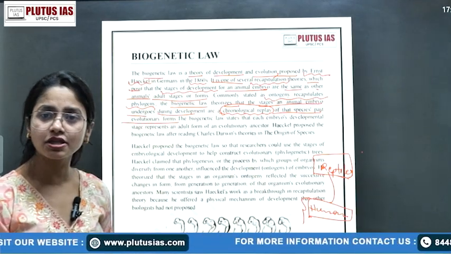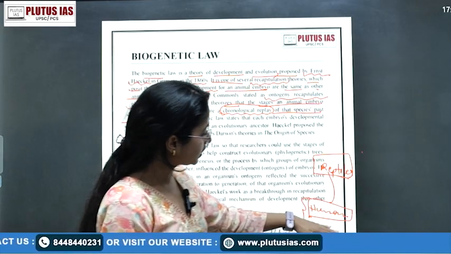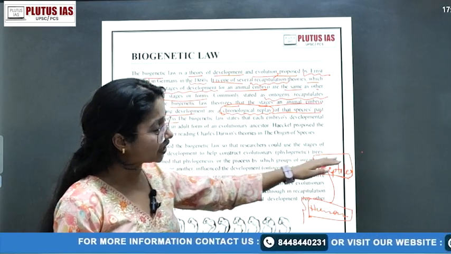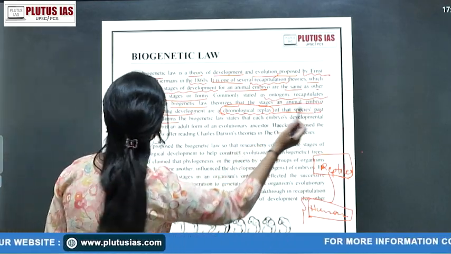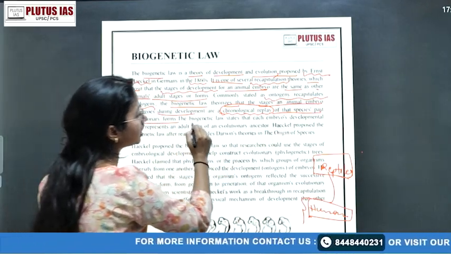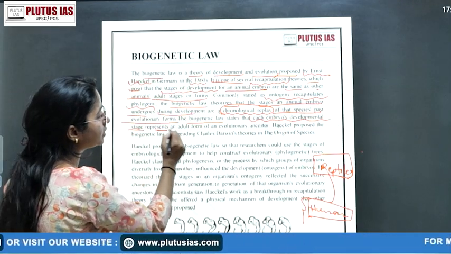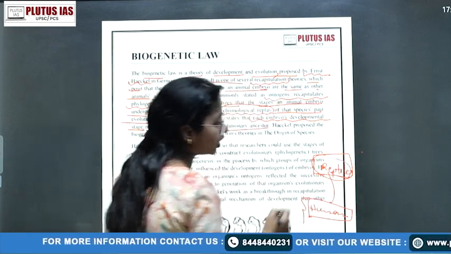Of course, there are so many other evidences also, but according to the biogenetic law, the developmental stage of the human embryo shows similarity to the reptile stages of that species' past evolutionary forms. The biogenetic law states that each embryo's developmental stage represents an adult form of the evolutionary ancestor, so the reptiles' adult form of the ancestor.